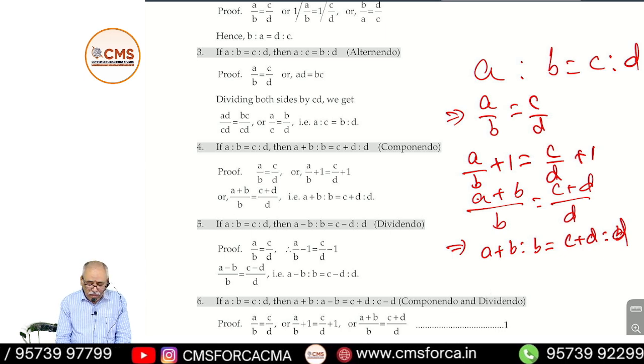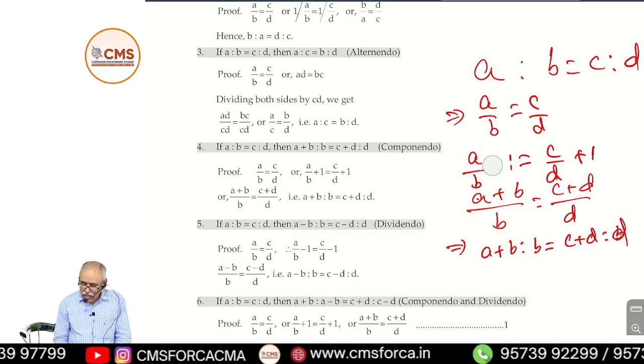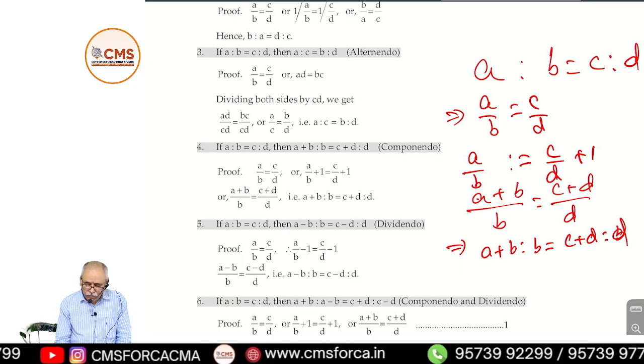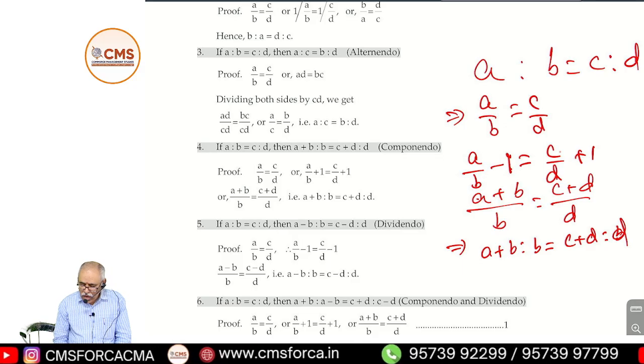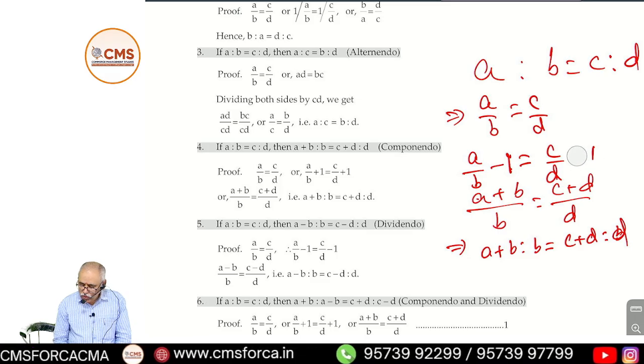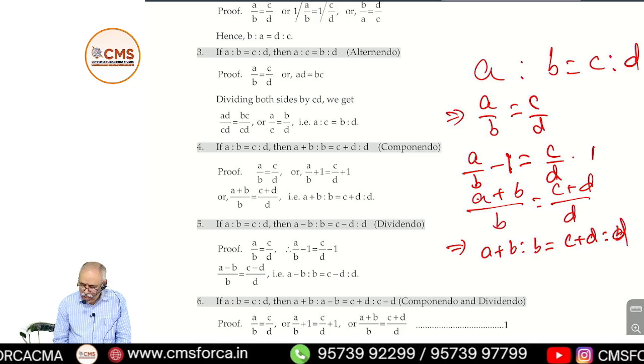Next one, dividendo. Simply subtract here. If you subtract, this will become minus 1, and here also, if you subtract, it will become minus 1.